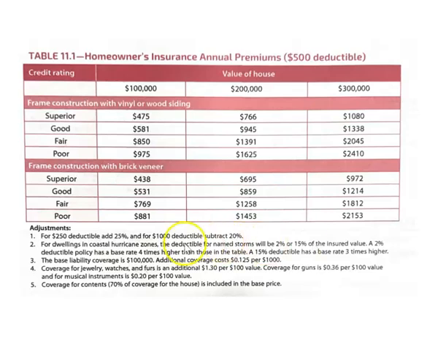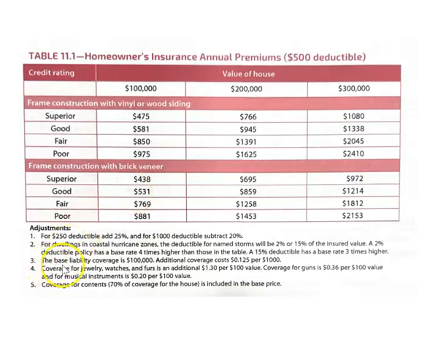A 2% deductible policy has a base rate that's 4 times higher than those in the table. And a 15% deductible has a base rate that's 3 times higher. So that means you pay a higher premium, but you have deductibles that are specific to storm damage, and you have payouts that are specific to storm damage, in addition to payouts for other kinds of damages.